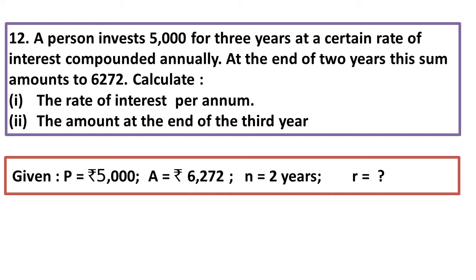So, as it is said that 5000 is the principal amount, even though the amount is invested for 3 years, the compound interest is calculated for 2 years. After 2 years, the amount is equal to 6272. So, to calculate the rate of interest, consider n the number of years as 2 years.